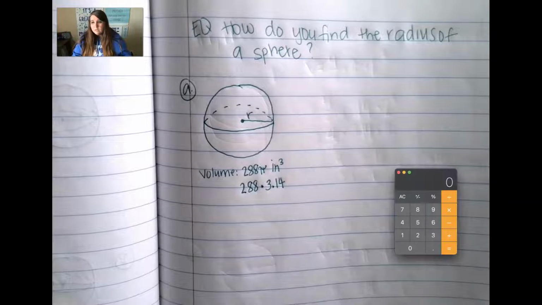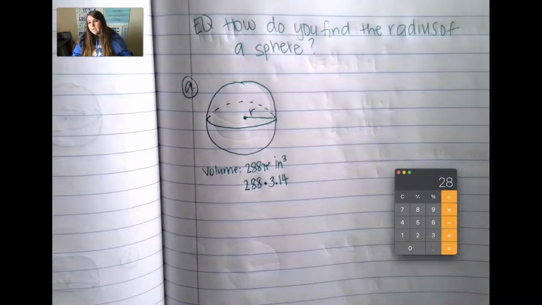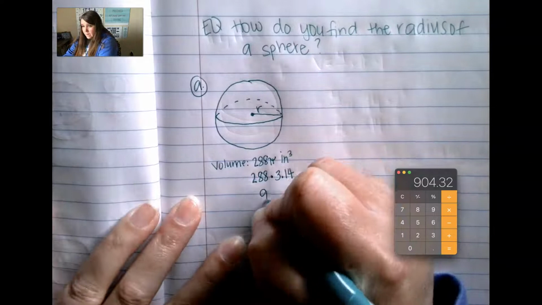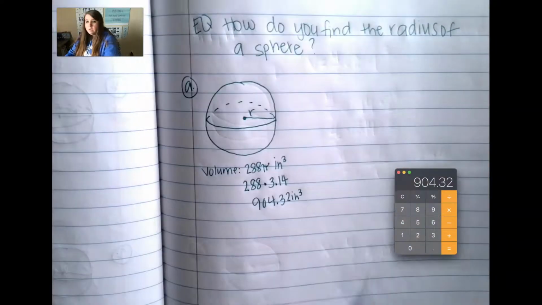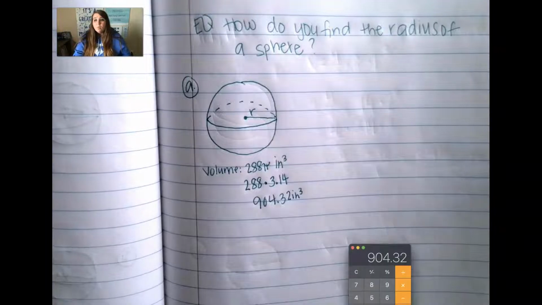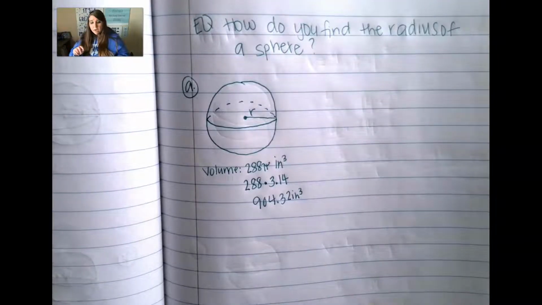So let's use our calculator. We're going to do 288 times 3.14, and that is going to give us a total volume of 904.32 inches cubed. Okay, so what we're going to do now is we are going to rewrite our formula.